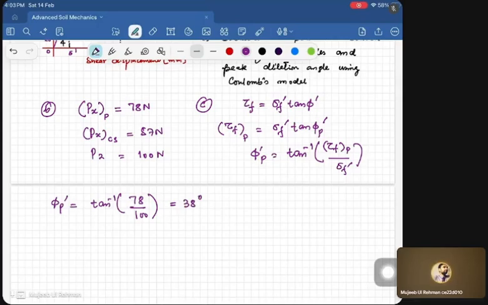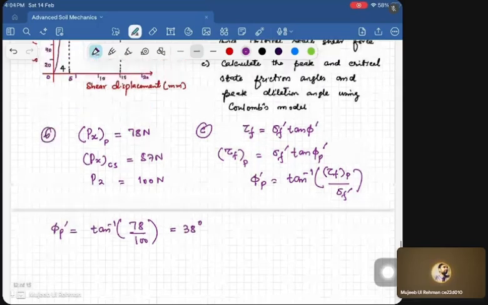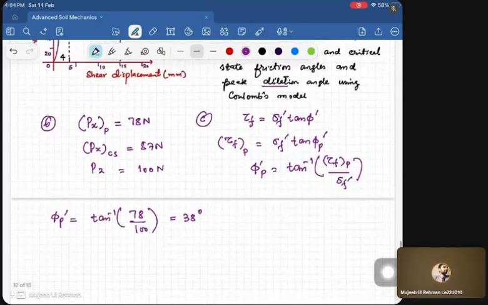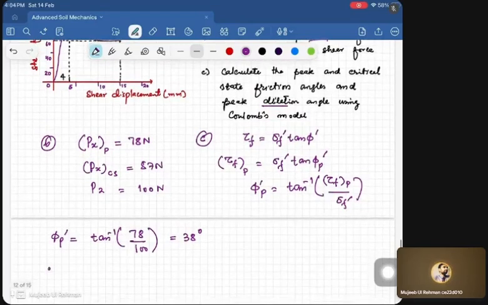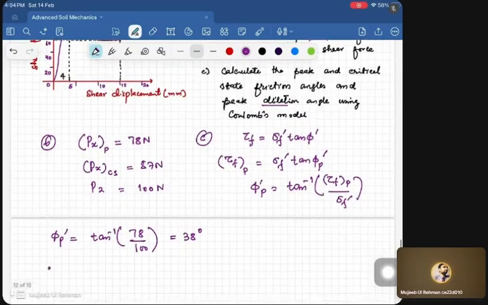Now we have to determine the dilation angle also. So similarly for the dilation, we will first determine the critical state, because phi peak and phi critical have a relation with the dilation angle. That is, phi peak is equal to phi critical state plus alpha.